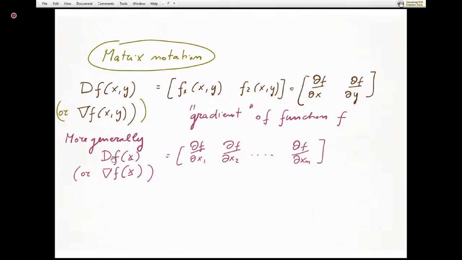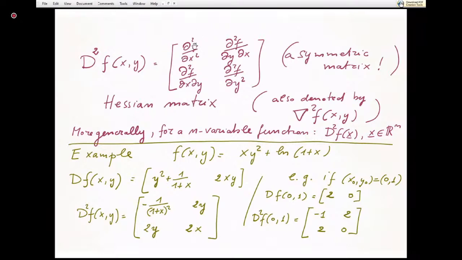For instance, position 1,1 means a pure derivative taken twice with respect to x. Position 2,2 is the pure derivative taken twice with respect to y. The mixed positions: this is taken the first time with respect to x and the second time with respect to y, so it is position 1,2, and this is 2,1.